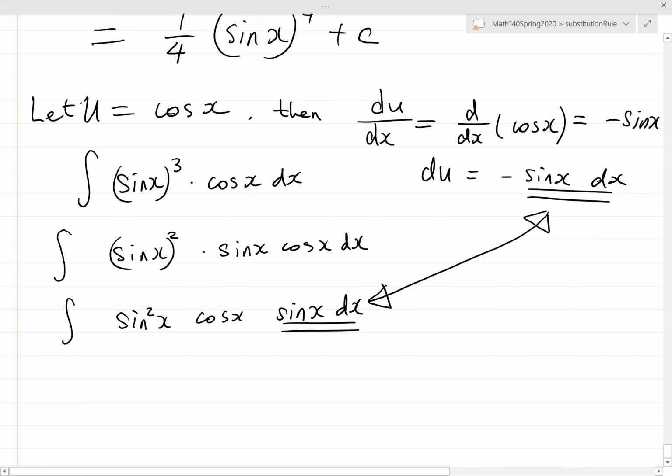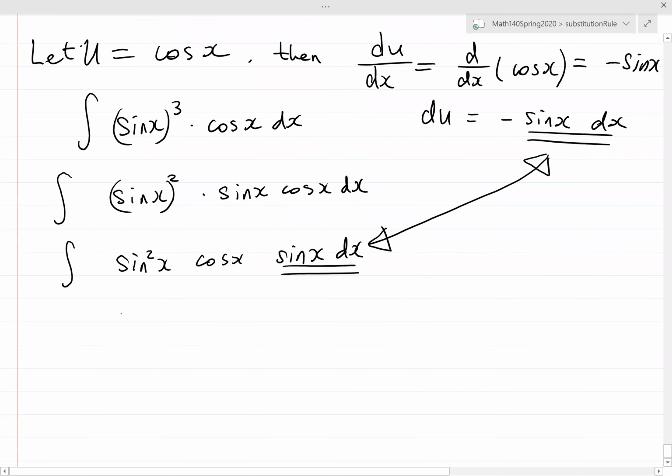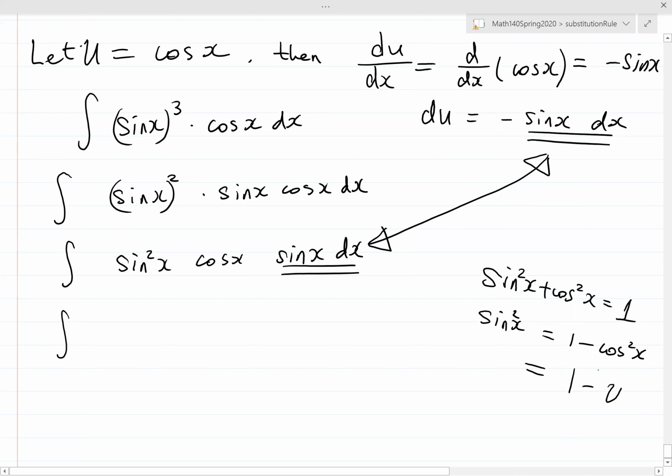Then we can use the trig identity, sine squared plus cosine squared is 1. So sine squared is 1 minus cosine squared, which is 1 minus u squared. Remember, our substitution is u equals cosine x.